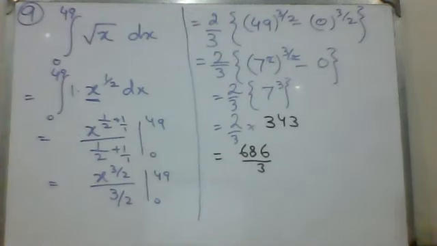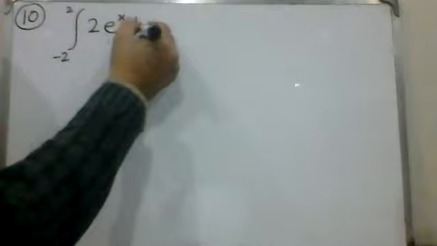Here, next problem. After question number 9 is, that is question number 10. In question 10 is minus 2 to 2 e power x dx.